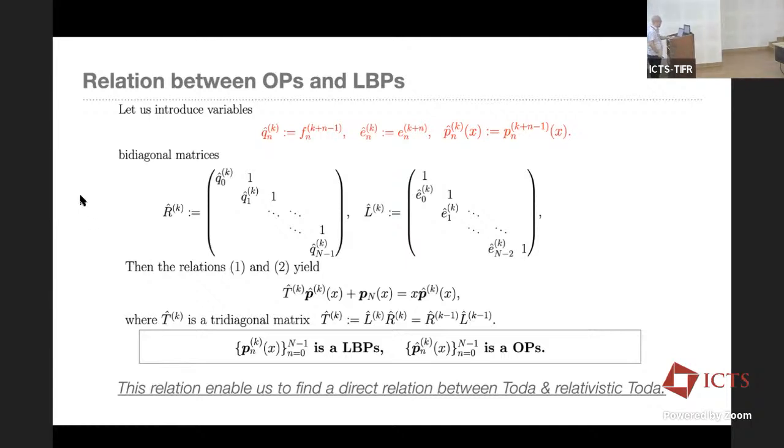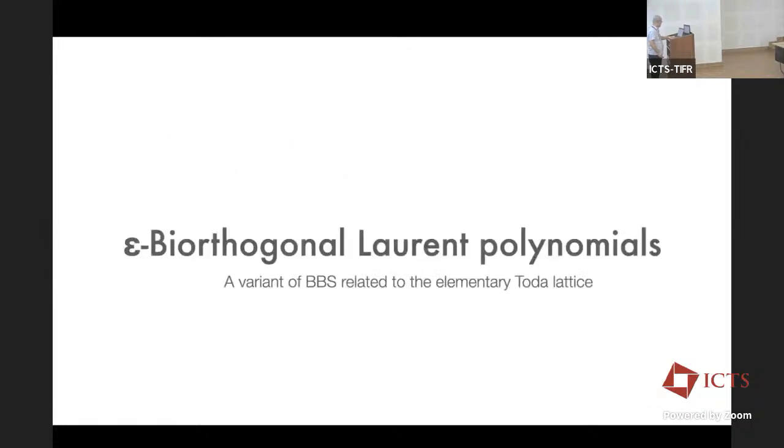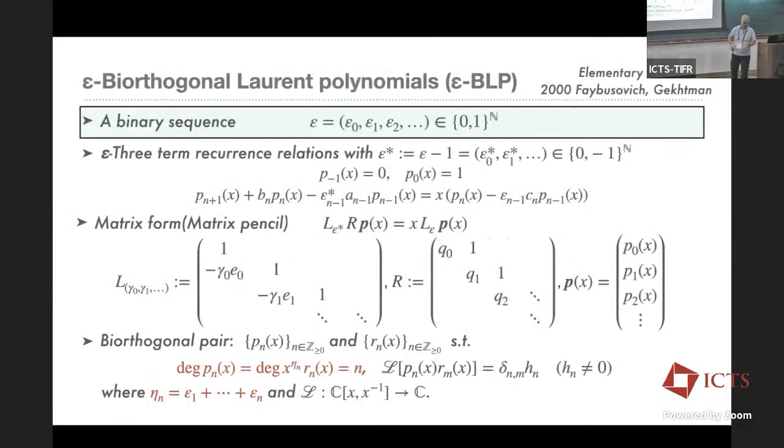Maybe in my last talk, I will try to introduce a bit more complicated, more intriguing scenario for the epsilon bi-orthogonal Laurent polynomial. This is for my next talk, and it was first introduced by Fabry, Bessi and Geftman. They don't name this orthogonal polynomial system, but we just call it the epsilon bi-orthogonal Laurent polynomial in our talk.